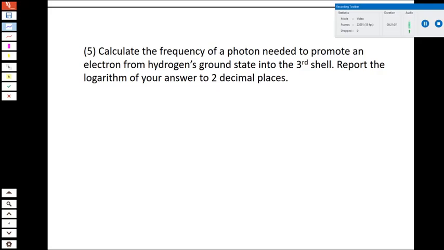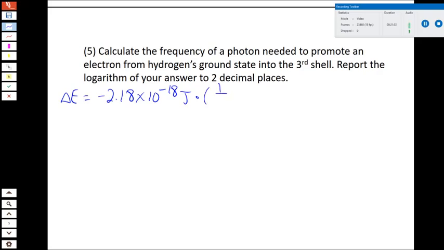So the first thing we think about whenever we see hydrogen atoms, ground state, third shell, all these key words for us, we should immediately zoom in on that Bohr equation, delta E, which again is the energy difference between two levels defined by their quantum numbers n. This one, I don't think this constant was on your periodic table, so you have to remember it. And then for hydrogen, we just have the n values.